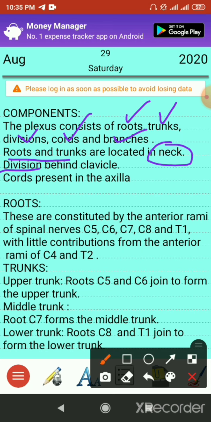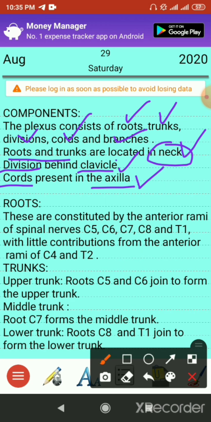Divisions are located behind the clavicle, or we can say the retroclavicular portion, and cords are present in the axilla. So in short, roots and trunks are located in the supraclavicular region. The divisions are located in the retroclavicular region, and cords are present in the infraclavicular region.